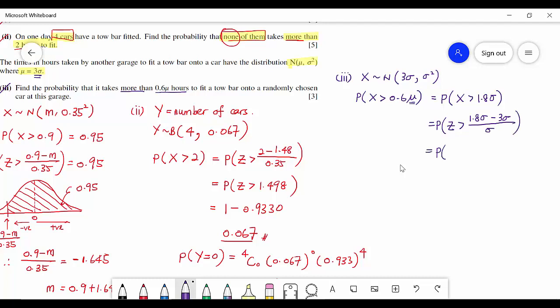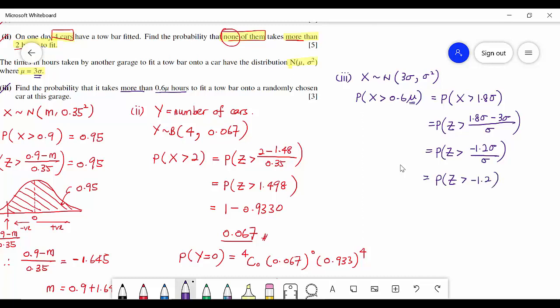Okay, so z greater than, so 1.8 minus 3, what do you get? You get negative 1.2 sigma divided by sigma, and they actually want to find the probability that z is greater than negative 1.2.